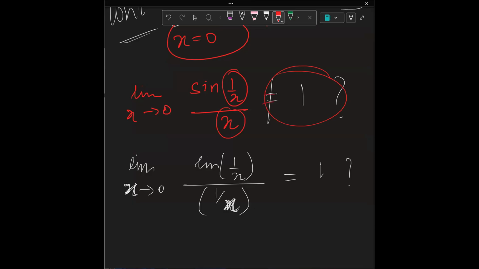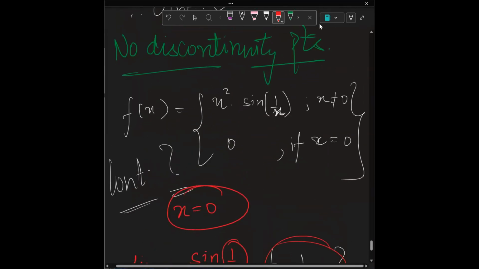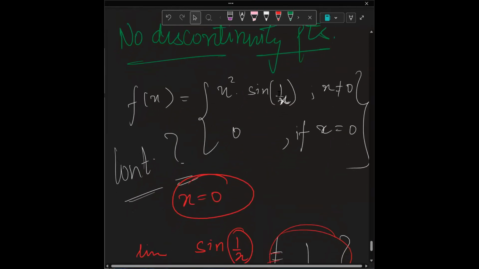To be this equals to 1, you have to get the same theta in the numerator with sin x and in the denominator as well. So this is 1 over x in the numerator, and in the denominator you have to get 1 over x. So in this above question, you have this sine 1 upon x.